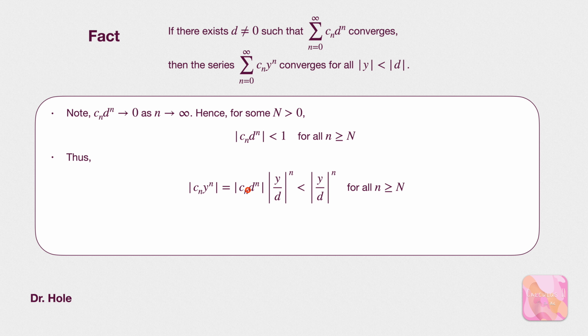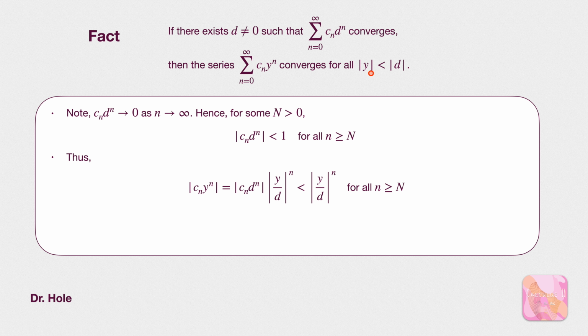That then allows us to throw away Cn d to the n in favor of 1, introducing an inequality. And now we have that y over d in absolute value raised to the n is always strictly bigger than Cn y to the n. All right, so far so good.